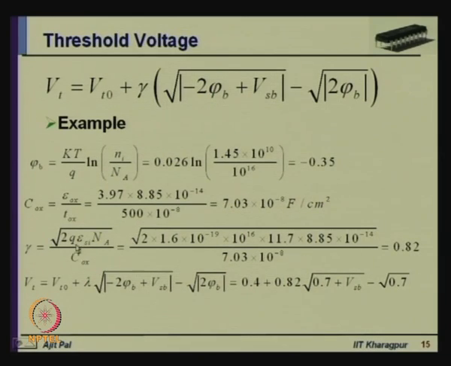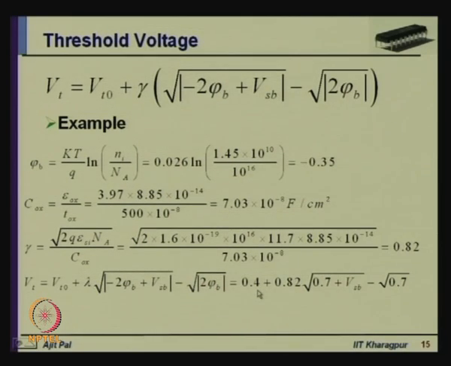Here the value of the charge of electron, the permittivity of silicon dioxide, Na, and COX are all substituted, and by substituting various values we get Vt roughly equal to 0.4, assuming that 0.4 is the threshold voltage whenever the body bias is 0.